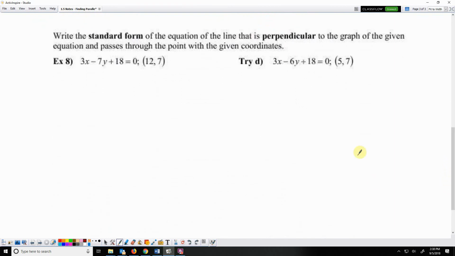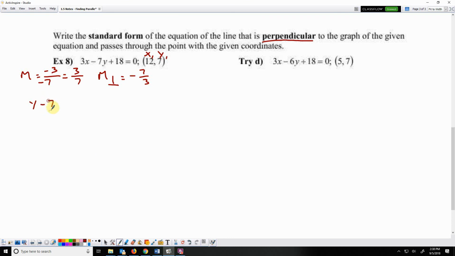Nearly the same instructions here, except this time we're doing a perpendicular line. So I still start with the slope, opposite of A over B, which is negative 7, so I get 3/7. But now I want the slope of a perpendicular line, which is the opposite reciprocal, which is negative 7/3. And there's my x1, y1.